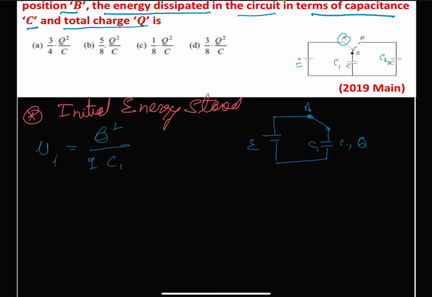C1 is our C, so this comes as Q square upon 2C.